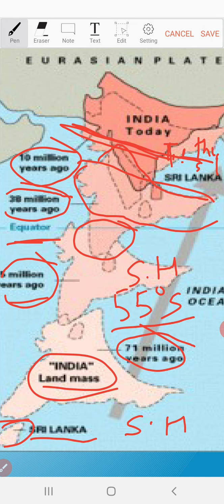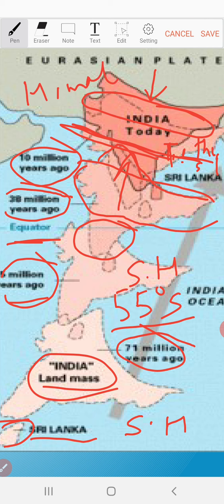So, when the Indian plate was continuously moving towards the north and the Eurasian plate was coming down to the south, the compression was happening over here, and the sedimentation that had been filled up by the Tethys was compressed from both sides. So, the resultant, the Himalayas were formed. In this way, the Himalayas formed.